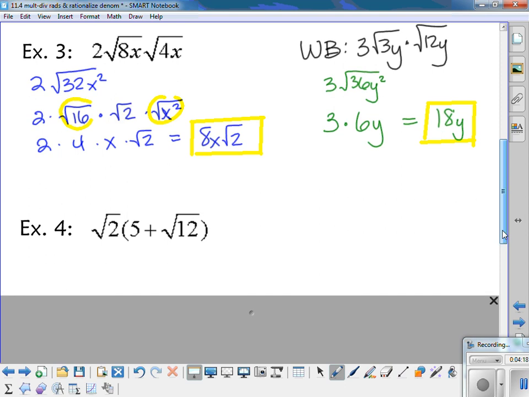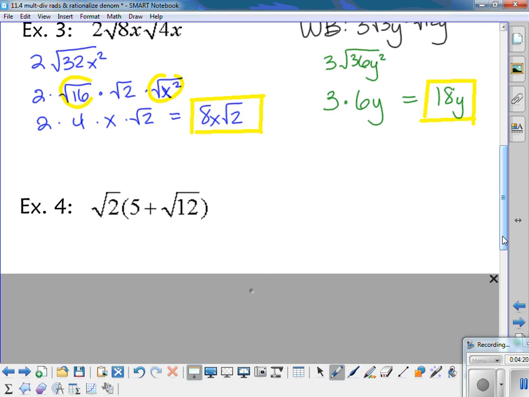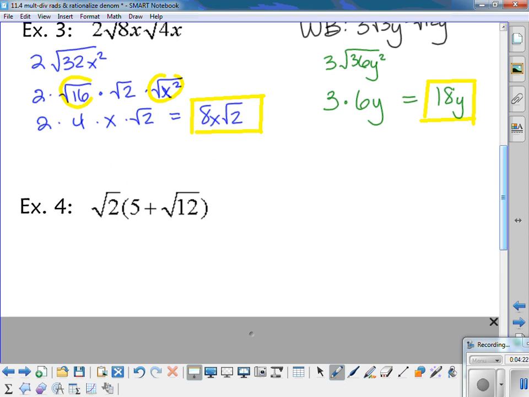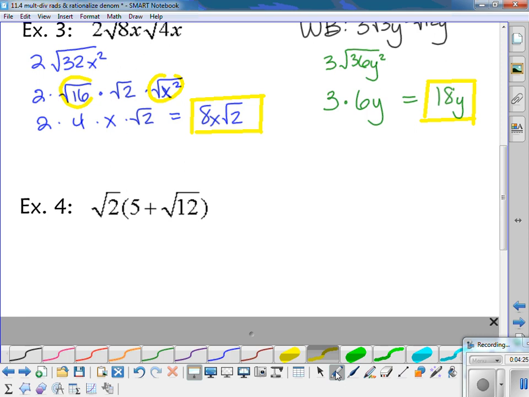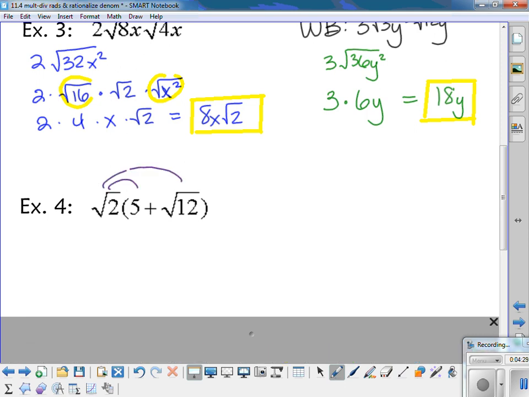All right, here's another example for your notes. Now we're going to use the distributive property. So I'm going to take root 2 times 5 and root 2 times root 12. So the root 2 times 5, the 5 is on the outside, there's not a radical over it, then the 2 stays under the radical, so I just write it as 5 root 2.